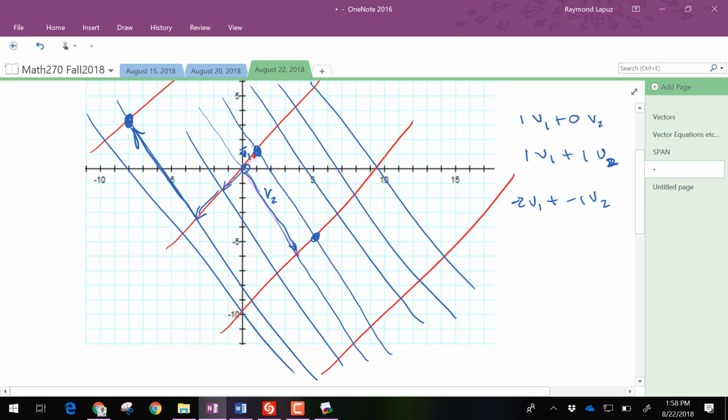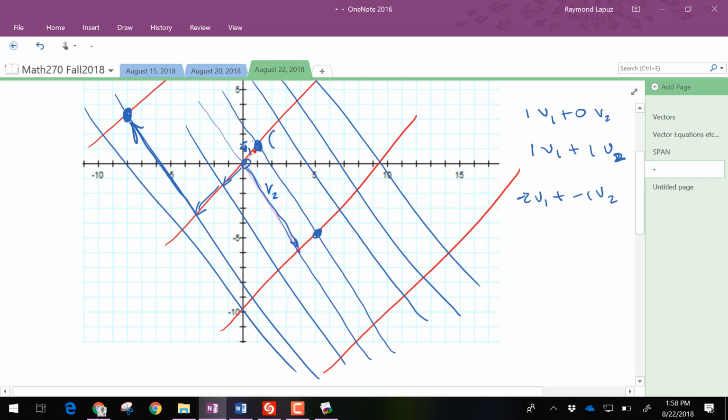So I can use my weights to describe my new set of points. So now I have the point (1, 0), (1, 1), and (-2, -1). So I can use that as my new set of coordinates based on these things. So that's kind of jumping ahead a little bit.